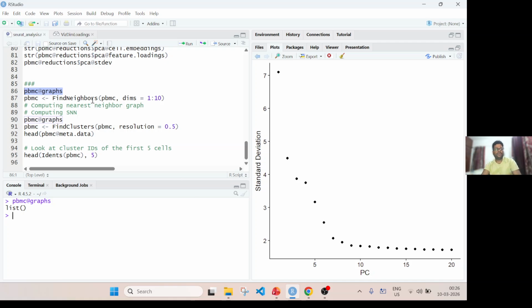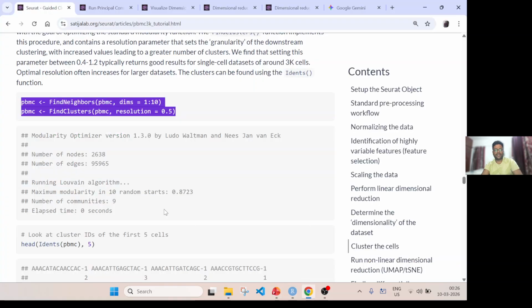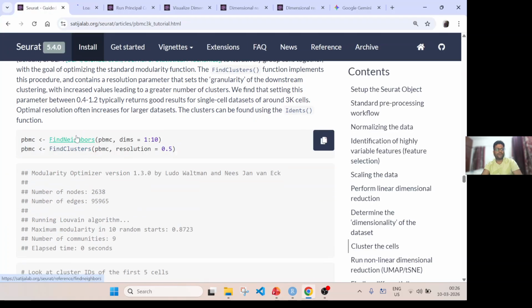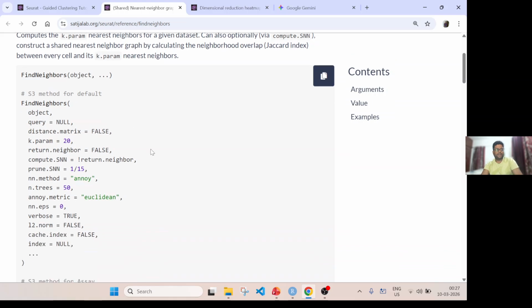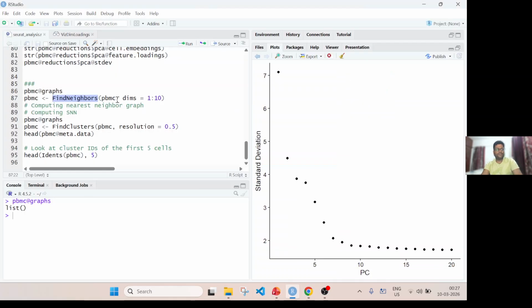Now when you run this FindNeighbors function, let's check what other parameters there are. There are other parameters, but let's go over here. By default, instead of 50 principal components, we will just use 10 principal components, because that will be faster, and we have seen that 10 is enough.